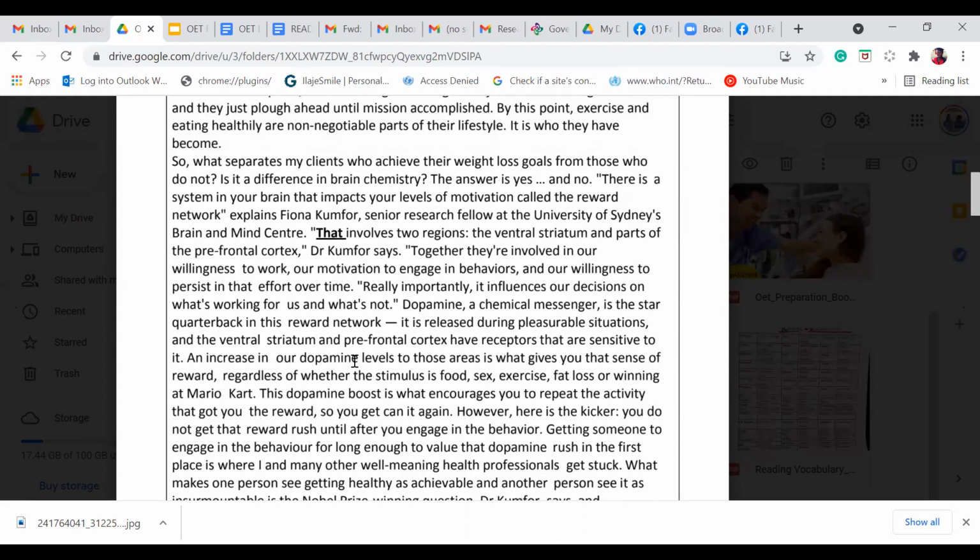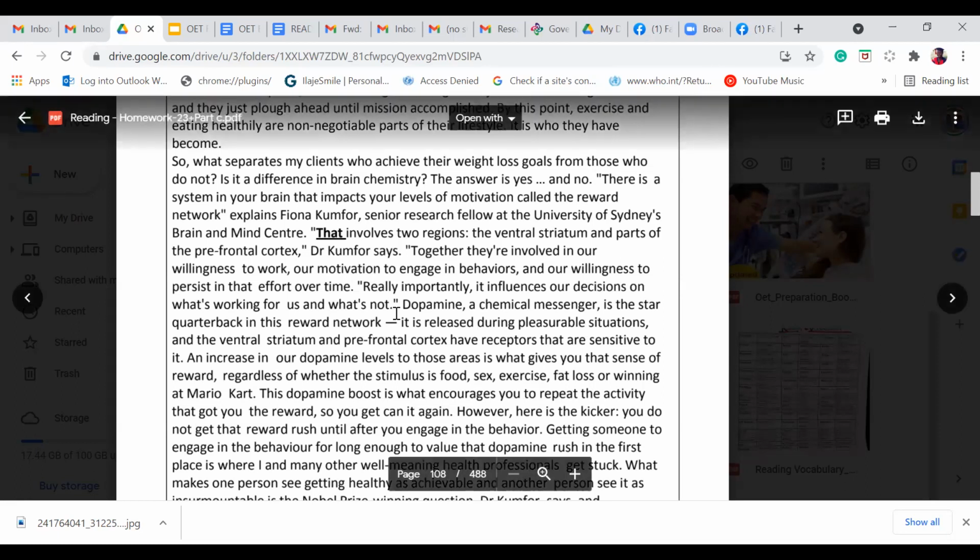All right, so if we look at this: there is a system in your brain that impacts your level of motivation called the reward network, explains Fiona Comfort, and he went on to say that involves two regions. So I'm going to take that as the option there. What does that refer to?